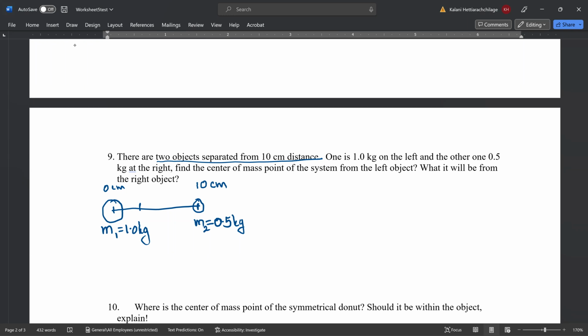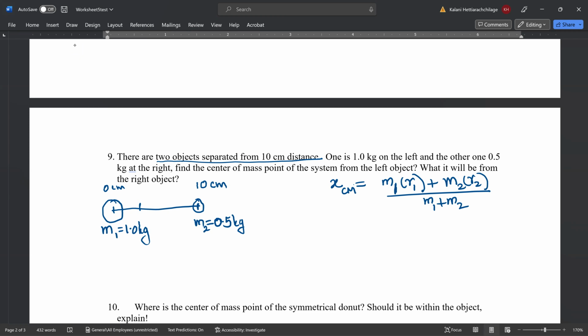I don't know that distance, but I'm going to write X center of mass equals, use the formula given in your lecture, M1 times distance to that one, I'm going to write R1 first, and M2 times distance to that one, R2, and divide by the sum of the masses. This is the general formula. If I have two masses, if I have three masses, I definitely need to add them, right? Okay, so now M1 times R1.